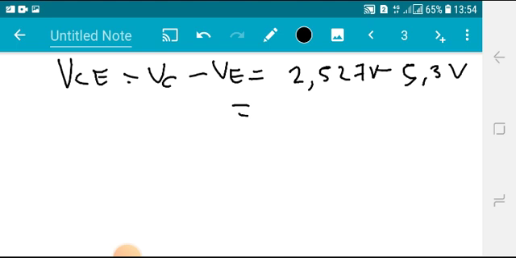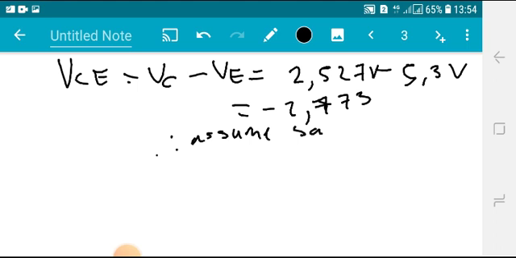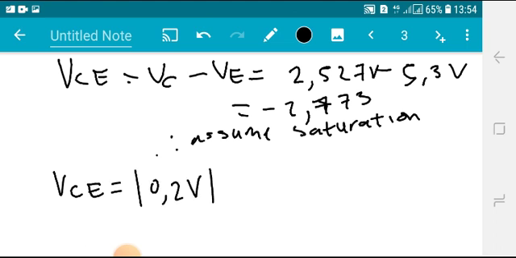We should get a negative value here. Just to complete the solution, it's approximately minus 2.773. It's not in active mode, therefore we assume saturation. We have to rework this in saturation. In saturation, we have the following assumption: VCE approximately 0.2 volts. We have to work with this particular assumption.